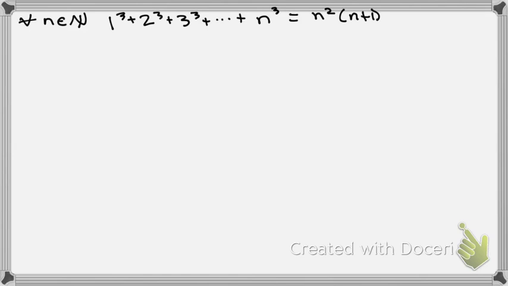For every integer n that's a natural number, it follows that 1 to the third plus 2 to the third plus 3 to the third plus dot dot dot up to n to the third, if you add these all up, is really just n squared times (n plus 1) squared divided by 4. So you don't have to add all these things up, you could just use that formula.